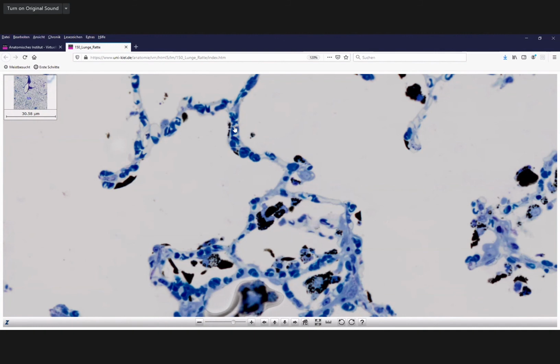And then the type 1 cells are covered by surfactant. So it's the endothelium, the basal lamina, the type 1 cells, and surfactant. These are the 4 layers that the gases need to go through, but it's easy for them.